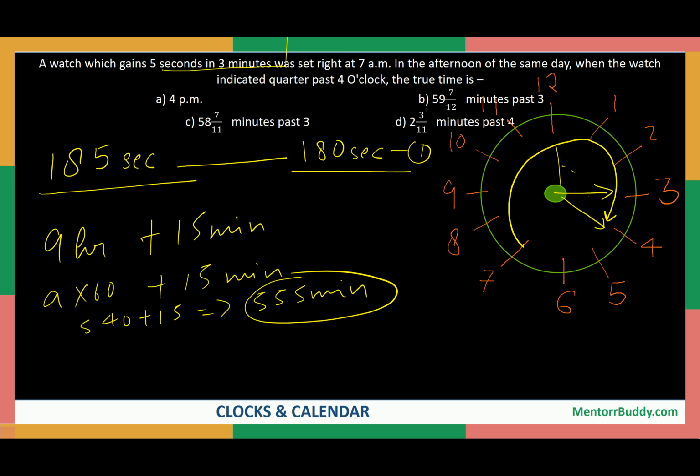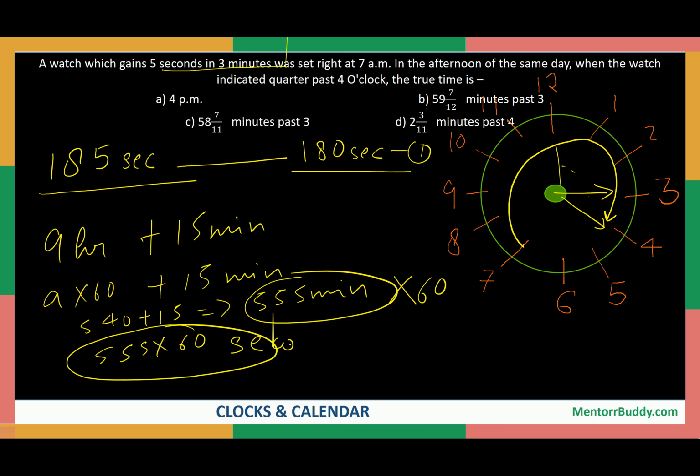We just need to multiply it by 60. So how many seconds will be there? 555 multiplied by 60. So from 7 a.m. to 4:15 p.m., how many seconds are moved by the faulty clock? 555 into 60 seconds.